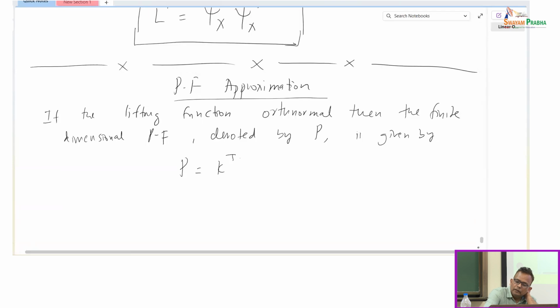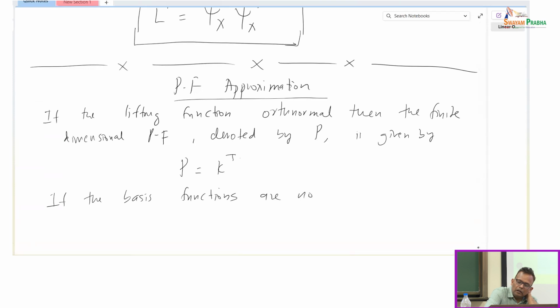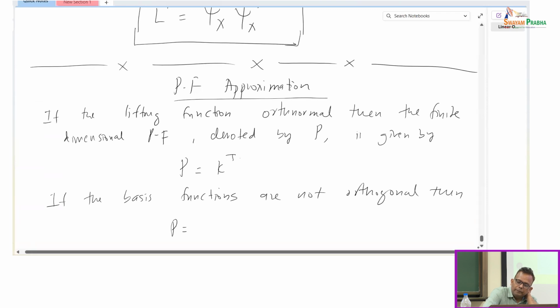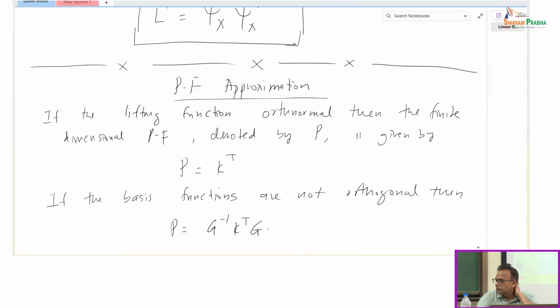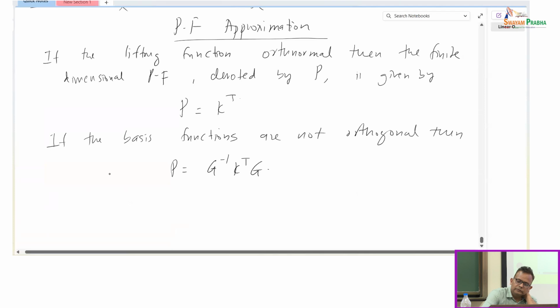Okay. If the basis functions are not orthogonal, then P will be G inverse K transpose G, where G is the Gram matrix, right?